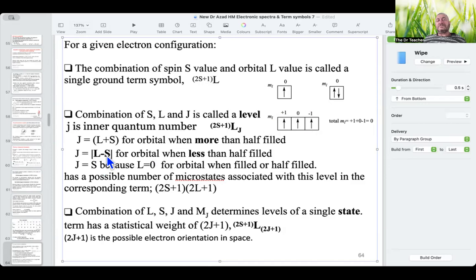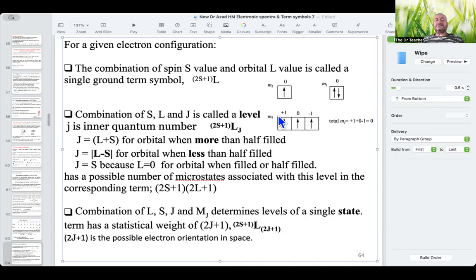S capital is adding all the single electrons: half plus half plus half. So if ML is +1, 0, -1, the total L will be +1, 0, -1, in total 0.